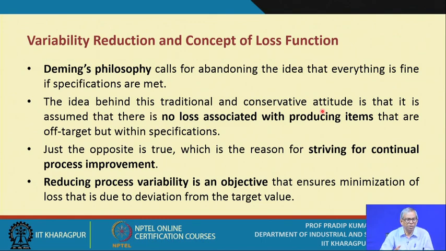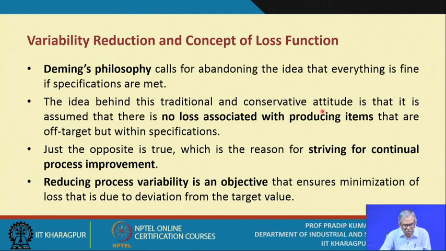Okay, so there is a specifications range, upper specification limit, lower specification limit, and the nominal value. So whether the actual value you get is very near to USL, very near to LSL, or very near to the nominal value, still all the values are treated equally, and this is the traditional approach.